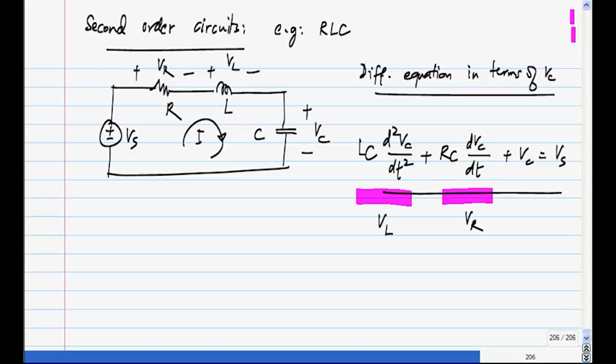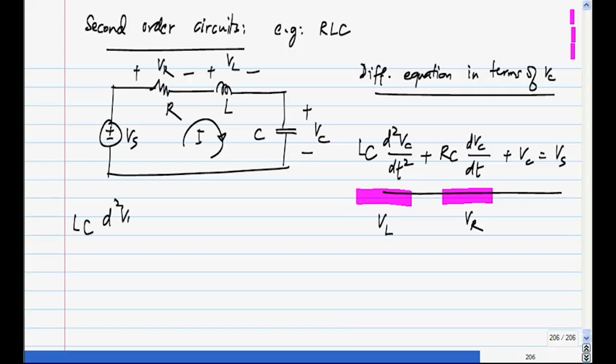So we can write the differential equation for the circuit in terms of VR or VL. What would it be in terms of VR? Again, please derive the differential equation in terms of VR and compare it to what I get. You will get exactly the same terms on the left hand side because the circuit is the same.